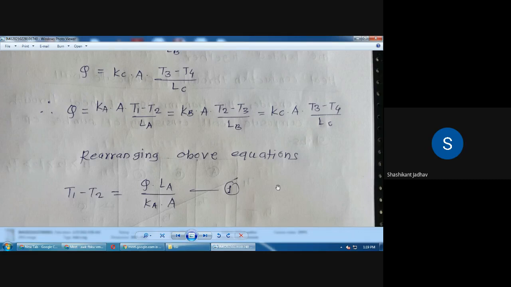So how to rewrite that equation? तर layer A साठी आपण इक्वेशन लिहिलेलं आहे, Q is equal to K into A into T1 minus T2 divided by LA. Now we have to write the equation for T1 minus T2. So T1 minus T2 is equal to what? Q into this LA is coming to the left hand side, divided by K into A.